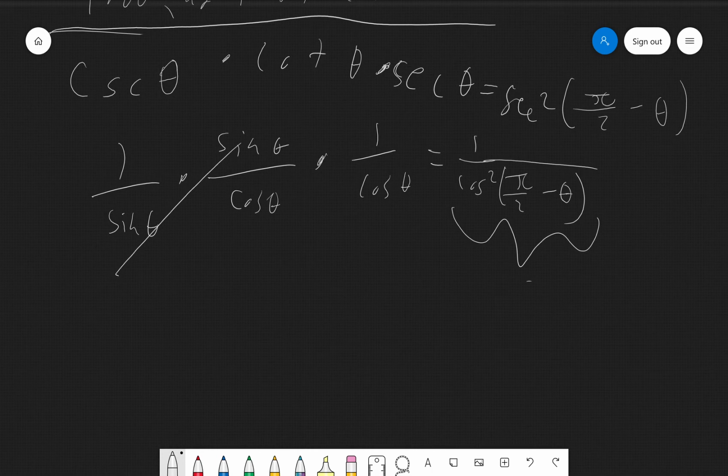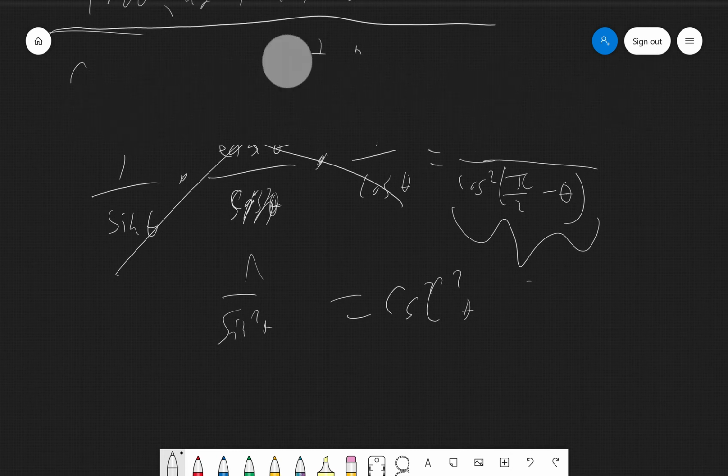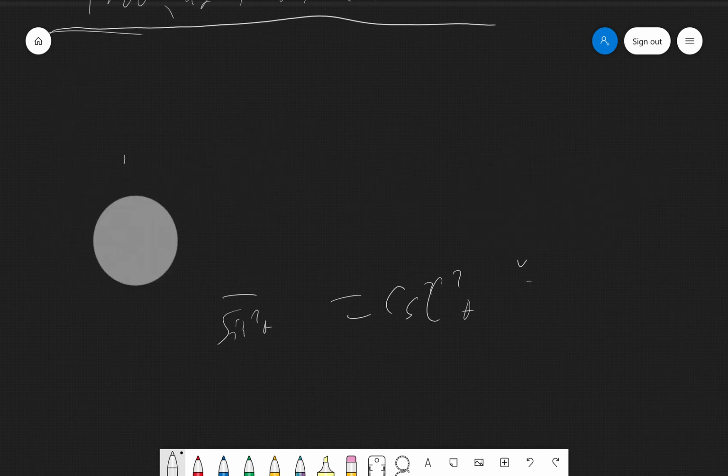Oh, cotangent is cosine over sine. Tricked myself. So these cancel, and then you have 1 over sine squared of theta. And that's obviously equal to cosecant squared of theta by definition. Sorry about that inconvenience, guys. I don't trig very well, so yeah.